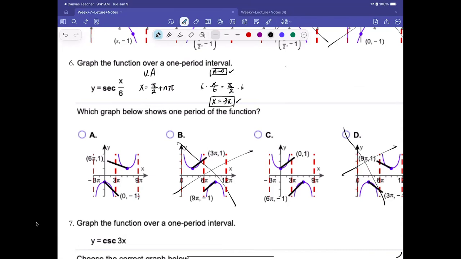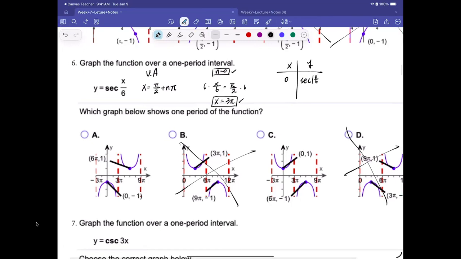So when x is 0, use the table. Secant of x over 6, 0 over 6, and then plug in when x is 0. Type that in on your calculator.